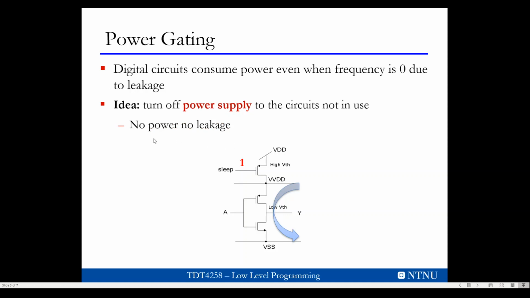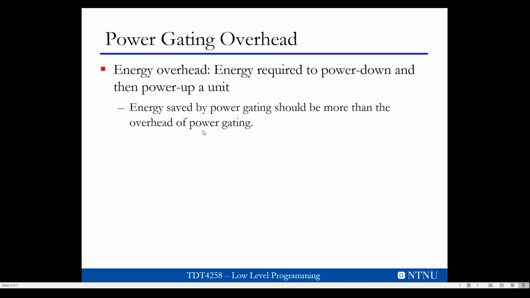So the idea is no power to your circuit, so there won't be any leakage. But power gating has its own overheads. It doesn't come for free. Well, the first thing you have probably already observed is that it needs extra transistors, the sleep transistor. So there is an area overhead. It also has an energy overhead, and that's because we need to turn these sleep transistors on and off.